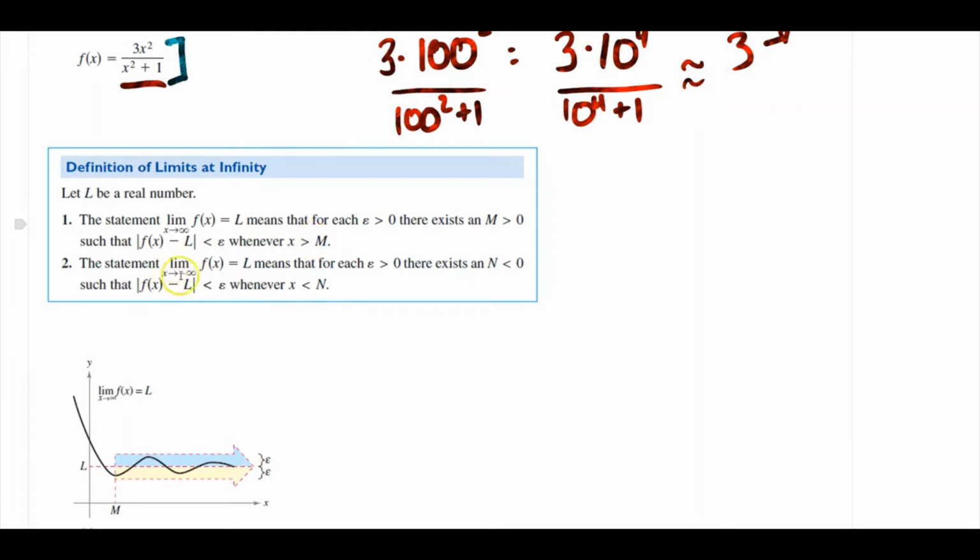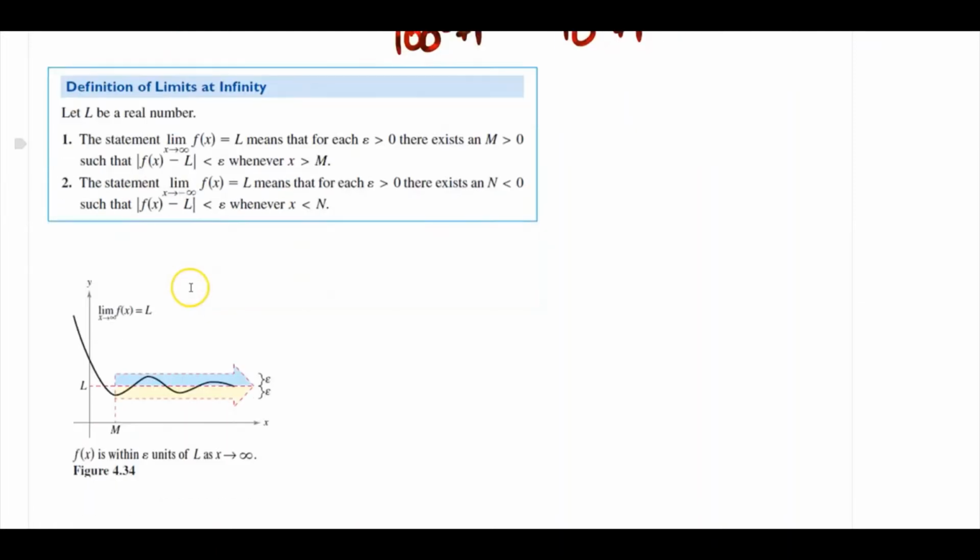And similarly, as the limit as x approaches negative infinity, we're getting an epsilon band of the distance between our function and our finite number L when we're looking at a small enough x, when x is less than N. When we're looking at some distance far enough away, after that point, all of our function outputs are within epsilon of this L number.